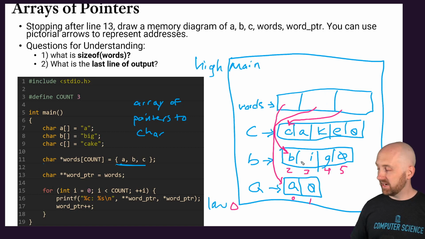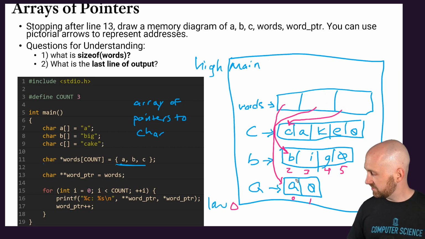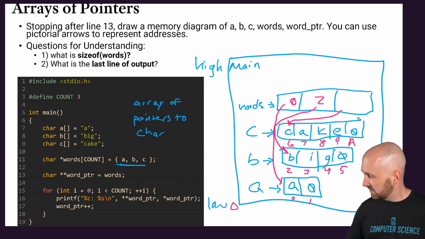And if we wanted to use the actual addresses and we're using these made up numbers, this would have the address 0 in it for A. This would have the address 2. And this would have the address 6 in it.